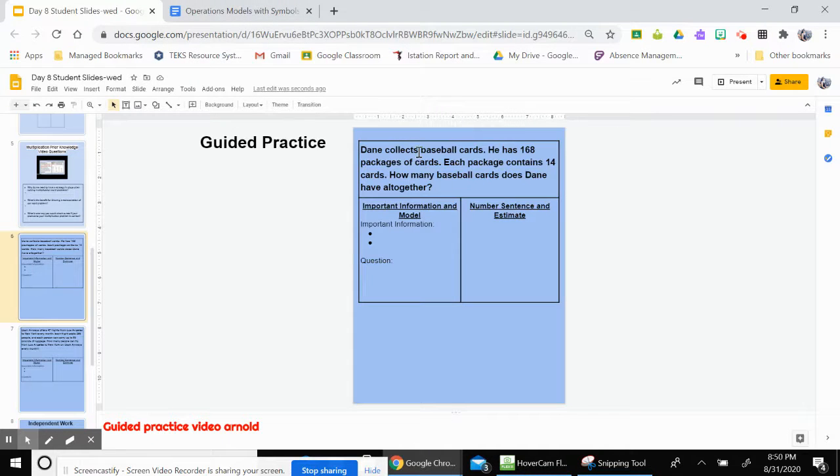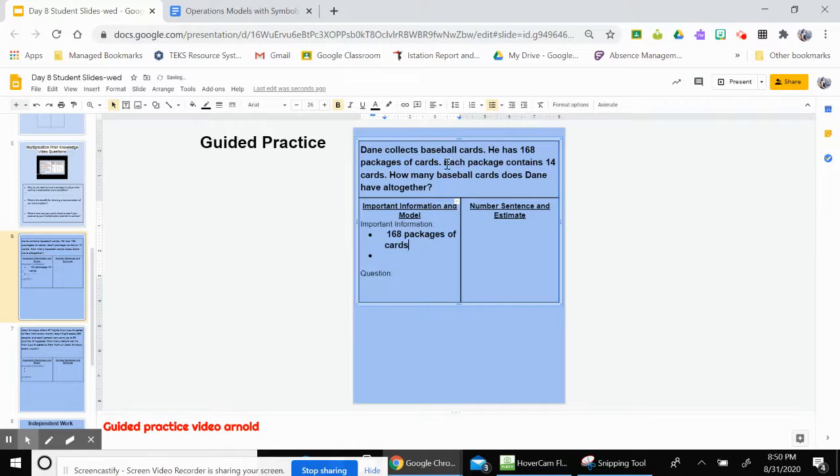First thing we need to do is find the important information. I know that 168 packages of cards is how much he has, and that is important. I'm going to put that in my important information. And then it also says each pack contains 14 cards.